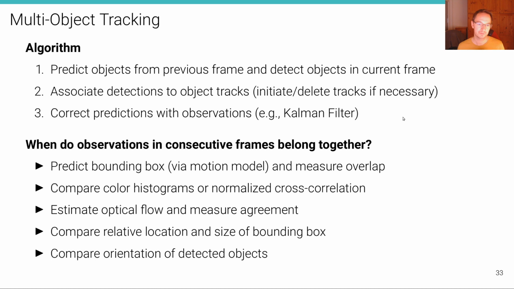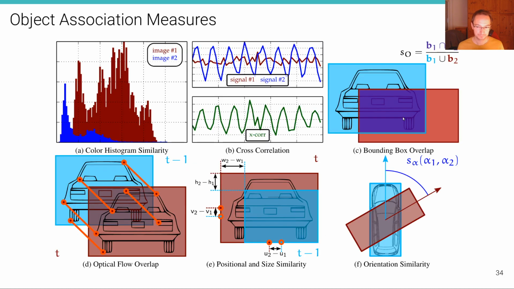And we can compare the orientation of detected objects. For example, we could ask an object detector like FastRCNN to also output the heading of the vehicle that is being detected. So this is an overview of some of these very simple association measures like color histogram, bounding box overlap, or orientation similarity.